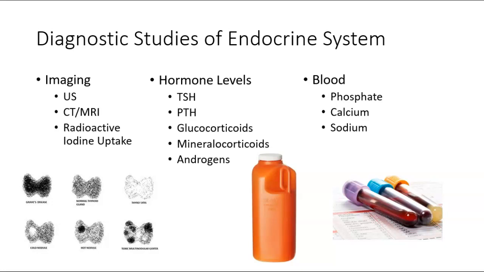We want to flush this radioactive iodine out of the system. The person is not radioactive. There's no concern there, but we just want to hydrate them. So when you come to class, come prepared to discuss how do we collect a 24-hour urine. It's a very common thing we have to do, and important that you know.